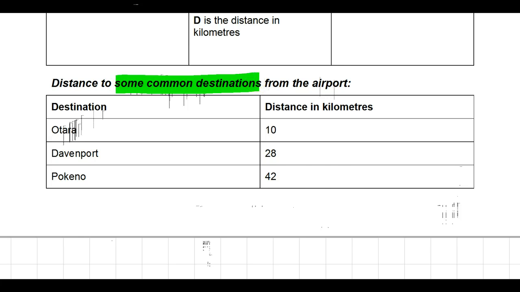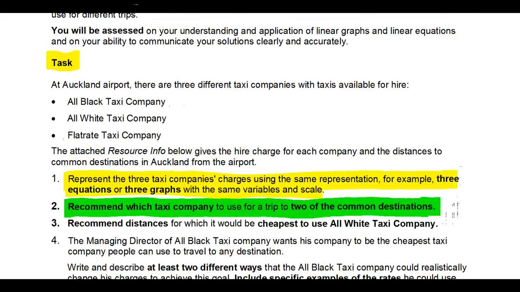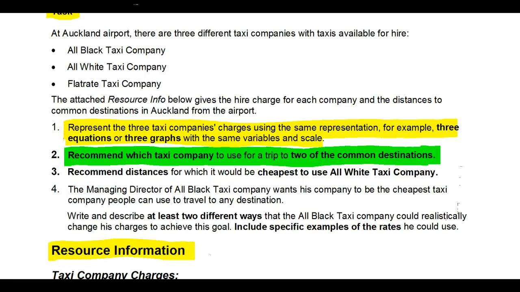So your brain says, all right, I've seen that before, it's at the bottom there. Basically here, you're going to have to pick 2 of those destinations, and work out for each of the 3 taxi companies the cost involved in going there, and from that you'll be in a position to recommend the best taxi company by looking at the cheapest option.